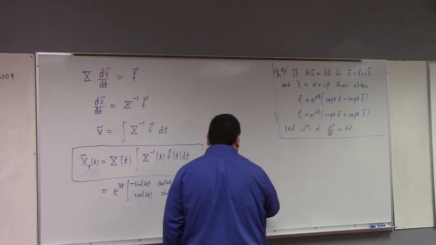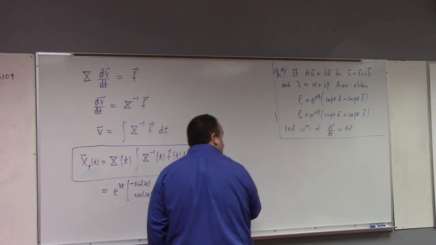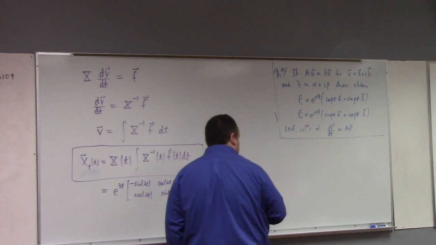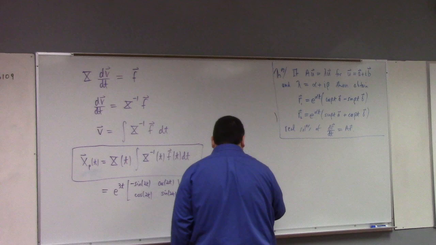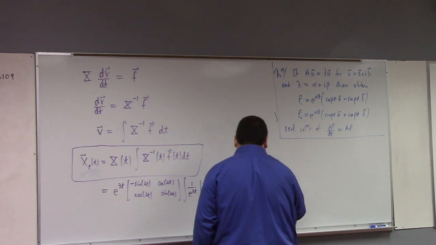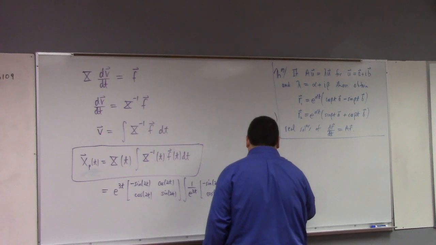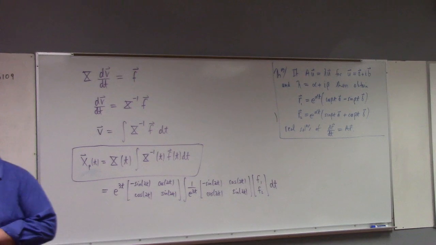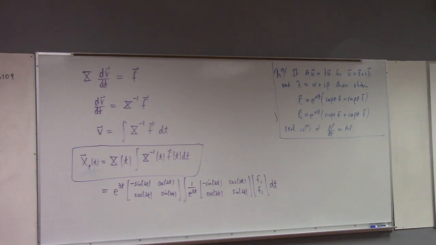So all I'm doing, guys, is writing down the formulas for the inverse fundamental solution matrix we derived over there for this example. Then you multiply by the vector of functions f1, f2, and integrate that. And that is the particular solution.